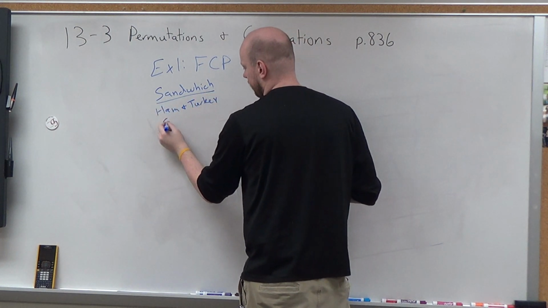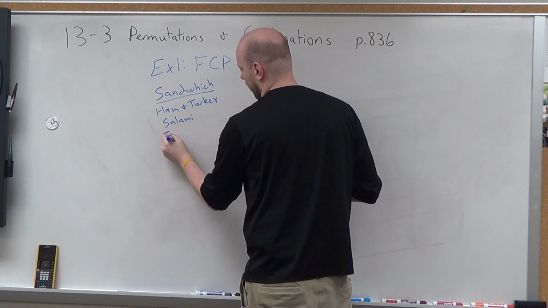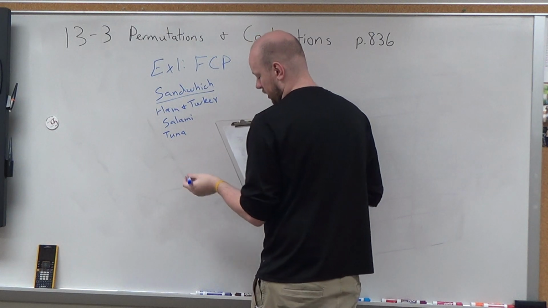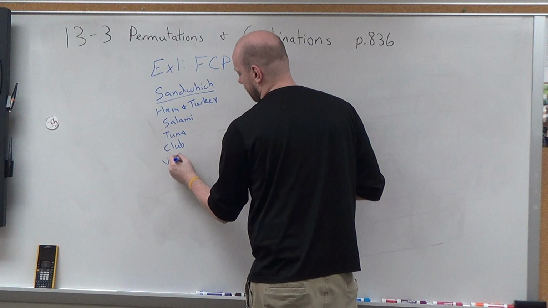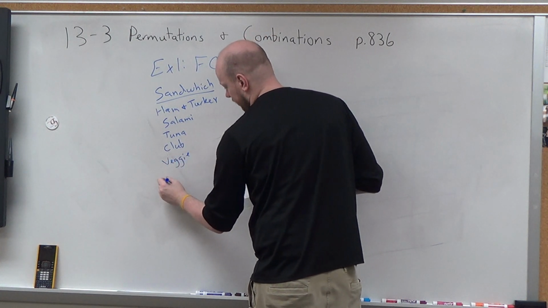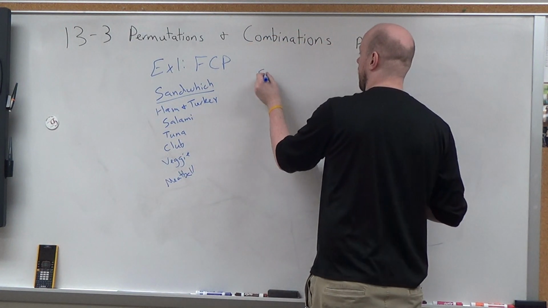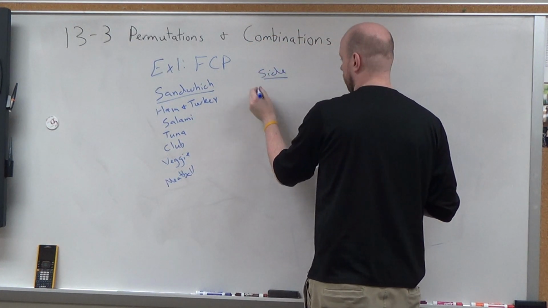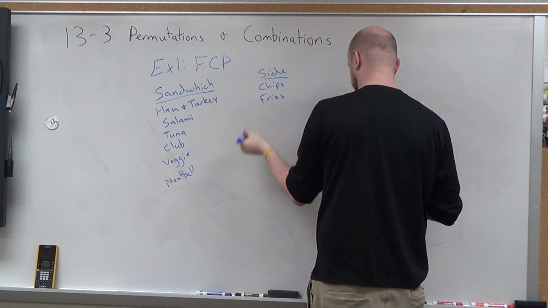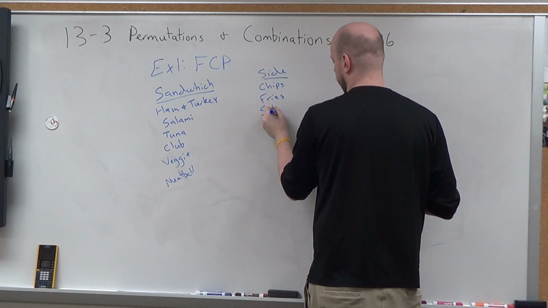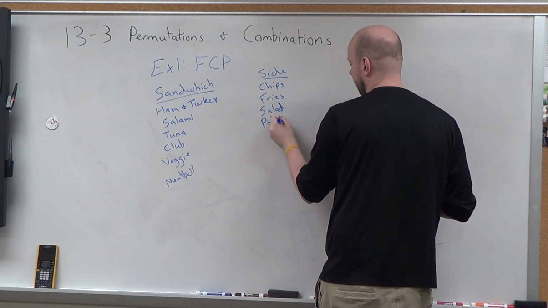We could get salami. We could get tuna. We could get a club. We could get veggie. Or we could get meatball. And let's say we could have a side. We could get chips, fries, we could get a salad, or maybe they offer a baked potato.